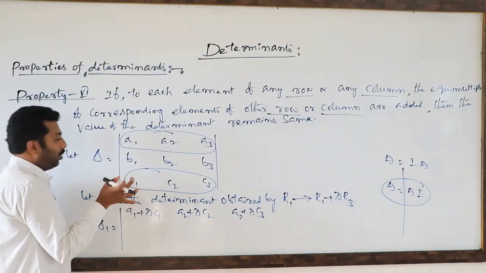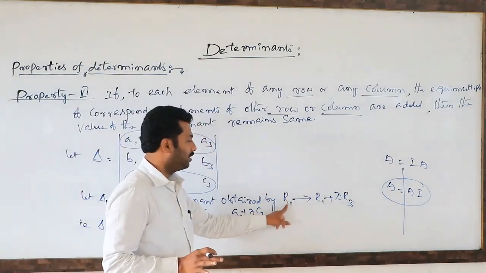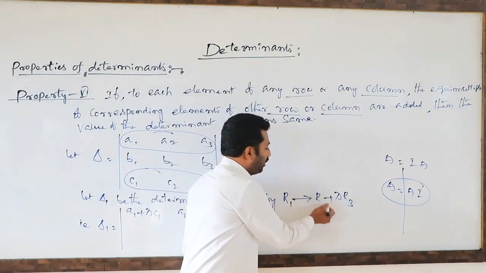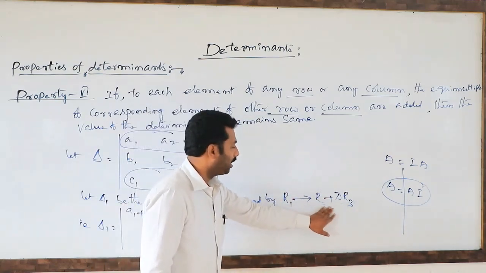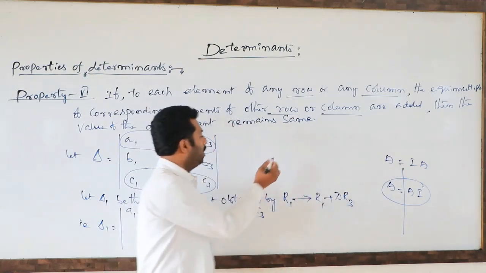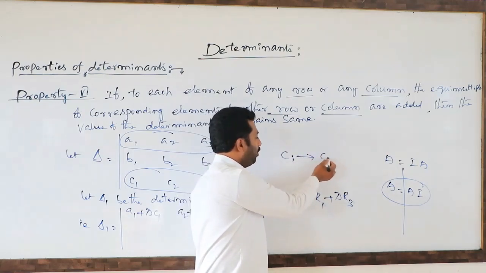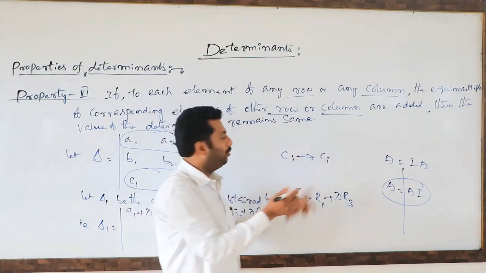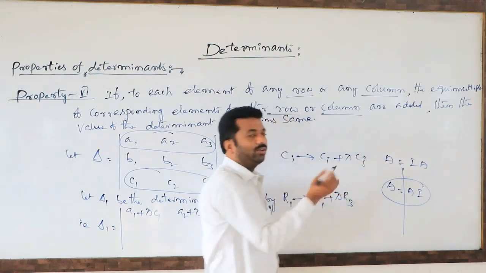One more point you have to understand. Whenever you want to change R1, compulsorily R1 elements only you have to take. If by mistake you take R2, that is the wrong process. Once you start with R1, here also R1, here also row operations only you have to do. At the same time, suppose you want to change Ci, whatever column, suppose the first column, then the first column only you have to start, plus lambda times of any other column you can take.